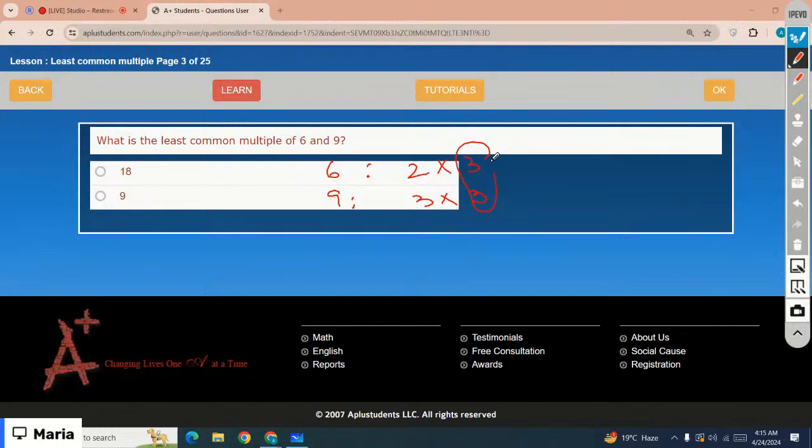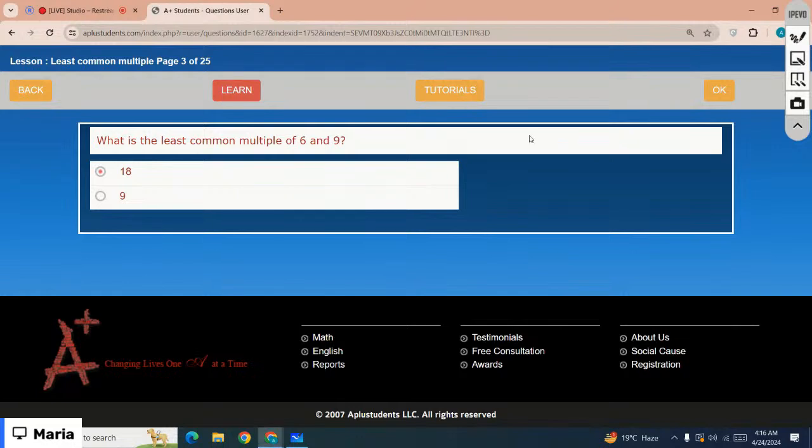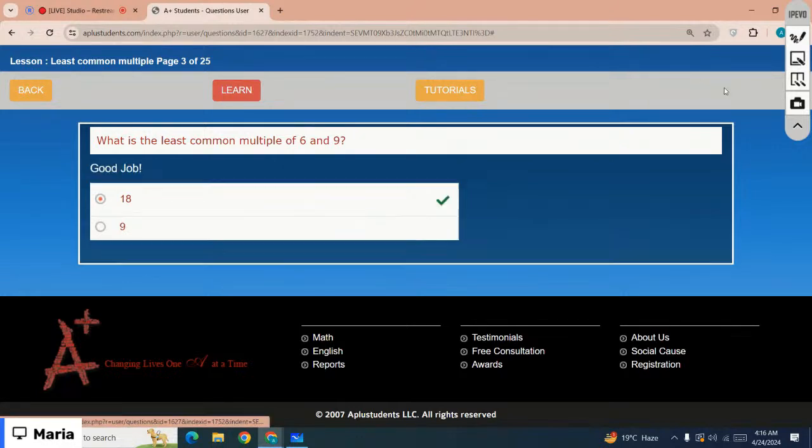So this is a common factor, and these are the two numbers that are non-common. 3 times 3 is 9, 9 times 2 is 18. So the least common multiple is 18. The correct option is 18. Option number 1 is the correct option.